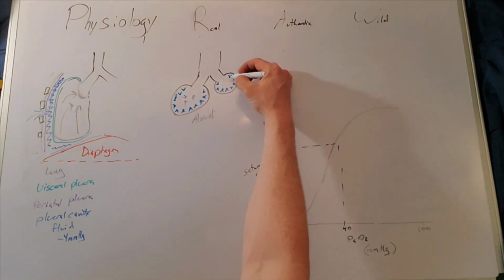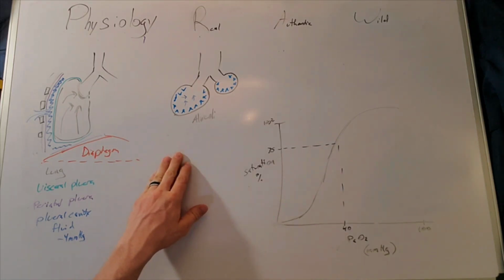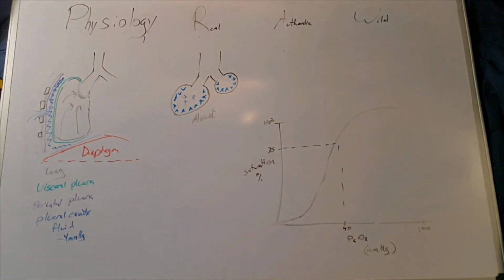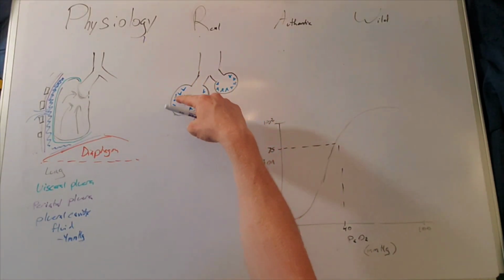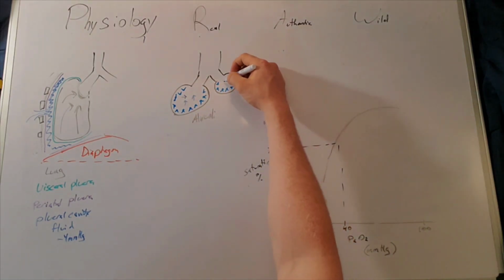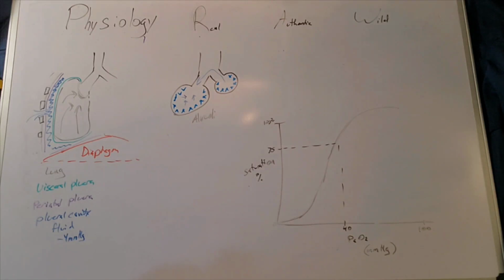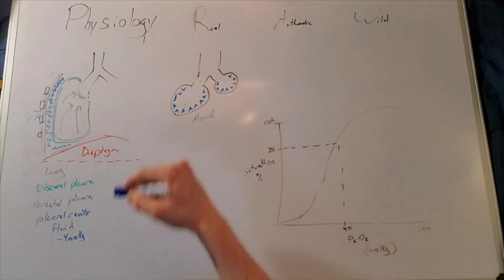You can see there are two different sizes, and when we hook up two balloons of different sizes, we would think the air would equalize so the balloons would be the same size. But because of this tension of the water molecules, the air will actually start going into the bigger alveoli.